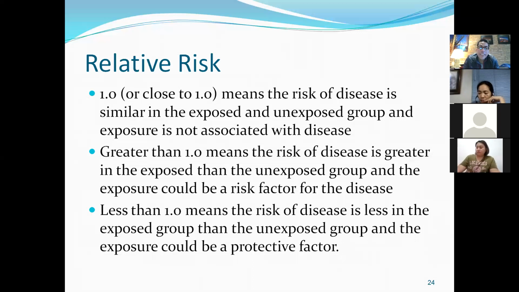So here in relative risk, if it's less than 1, it means that the risk of the disease is less in the exposed group, and that the lack of exposure could be a protective factor. So it has the same sort of train of thought as the interpretation with the odds ratio, but this time the subtlety is about exposure for relative risk.